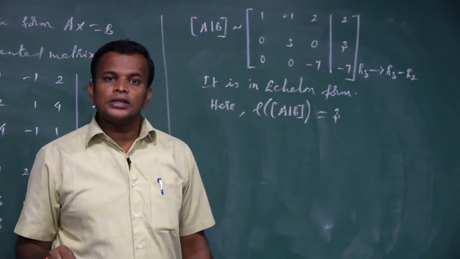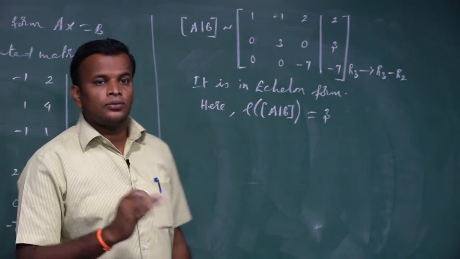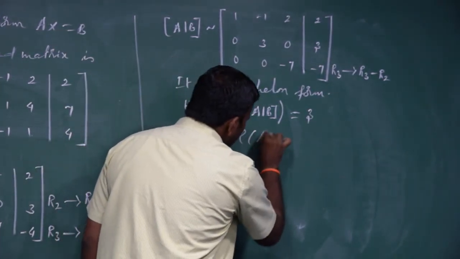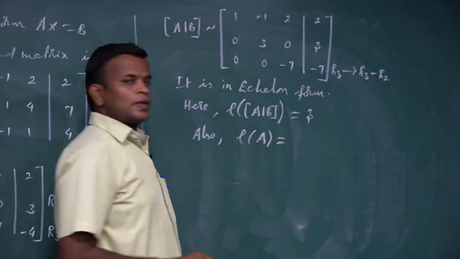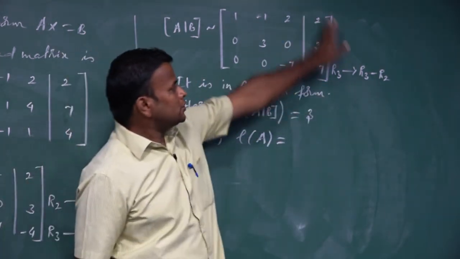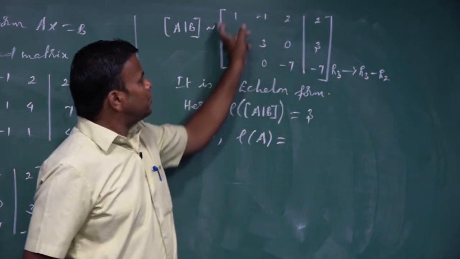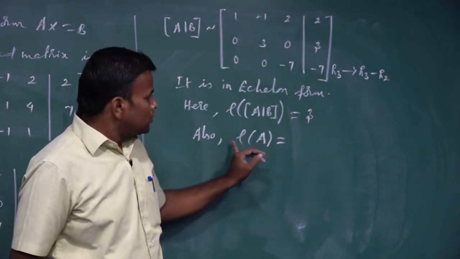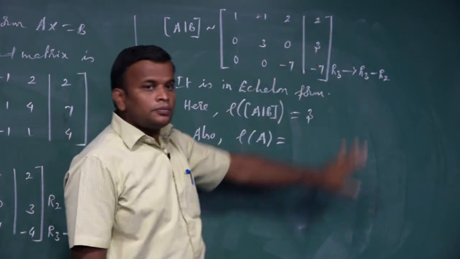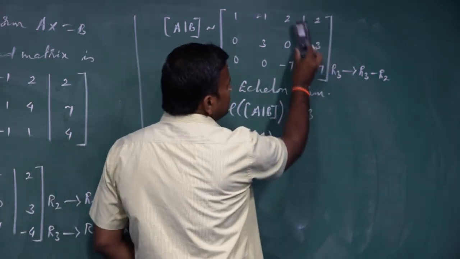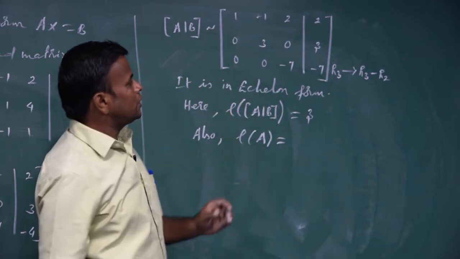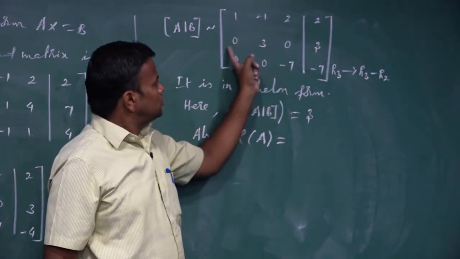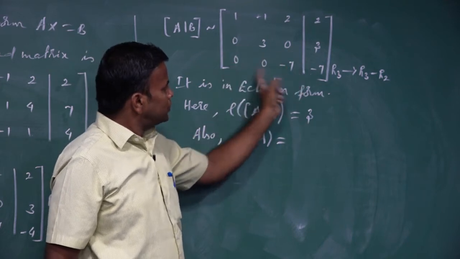Next, we check the rank of A alone. A means we leave out the augmented column, so these elements are the values of the matrix A. What is the rank of A? You don't consider the last column. So this is the A matrix. How many non-zero rows does it have? 1, 2, 3.